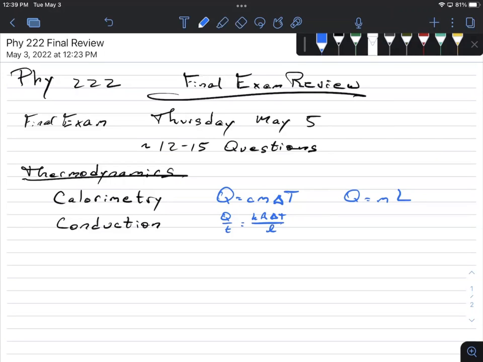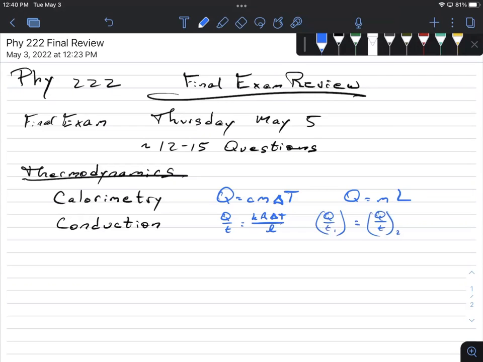And then, of course, we also had some questions where maybe you had two different materials put together and you want to know how much heat flows through the system. And for that, you'd use this equation, but you'd use it in the form Q over T for the first material is equal to Q over T for the second material.